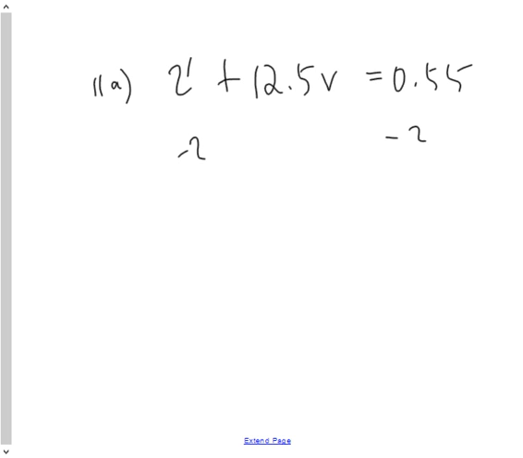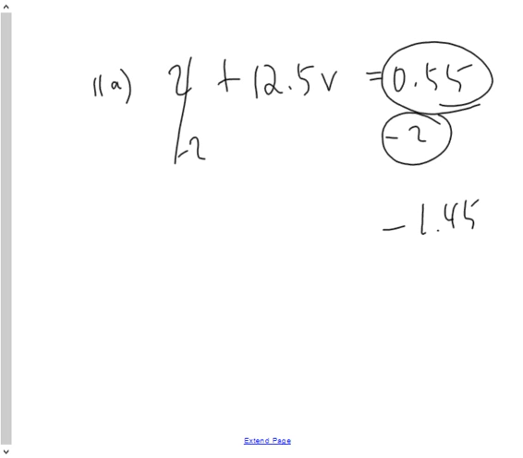Question 11. Again, simple, not a hard question at all. This is question 11A. So our constant's 2, so we're going to subtract 2 from both sides. If you have 55 cents but you owe $2, you're going to really owe $1.45 when you pay off as much of the $2 debt as you can with your 55 cents.